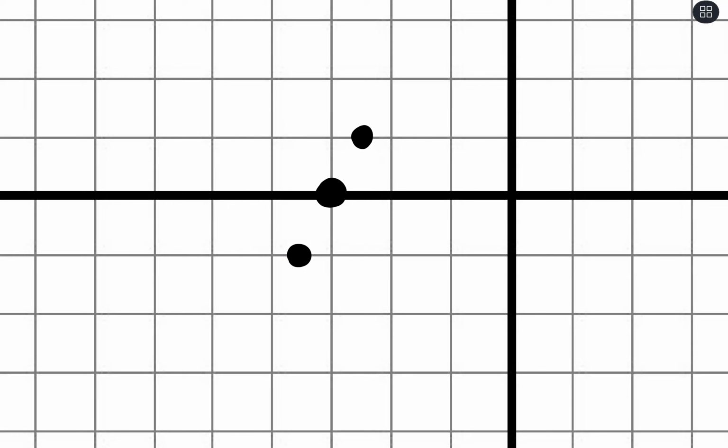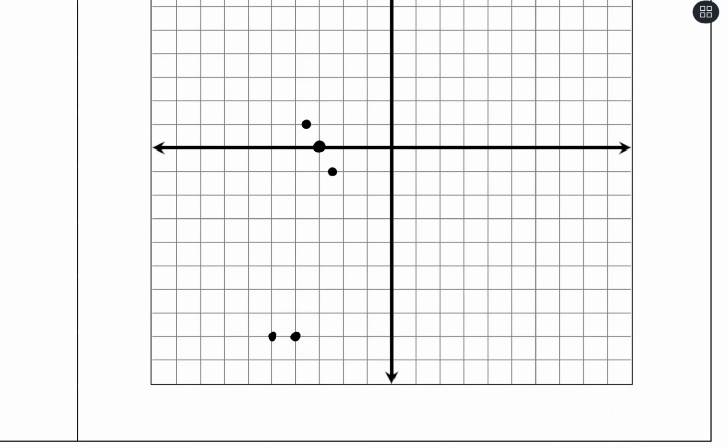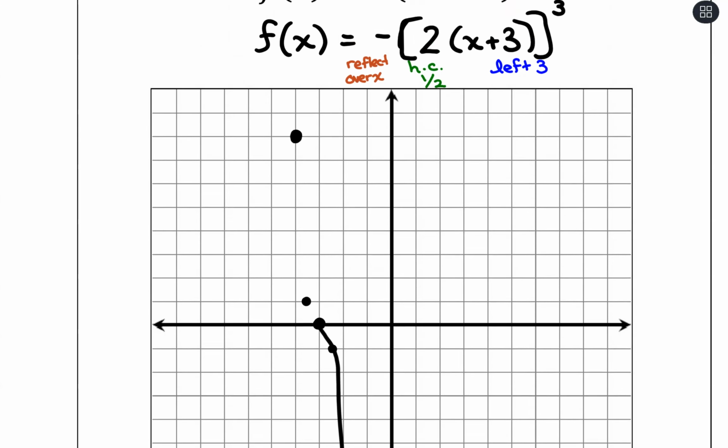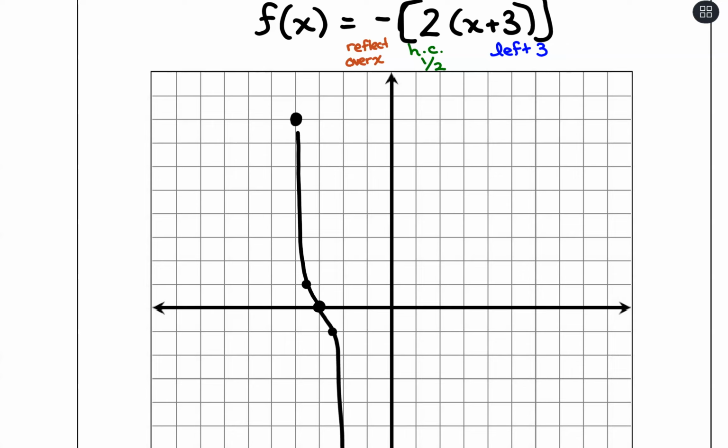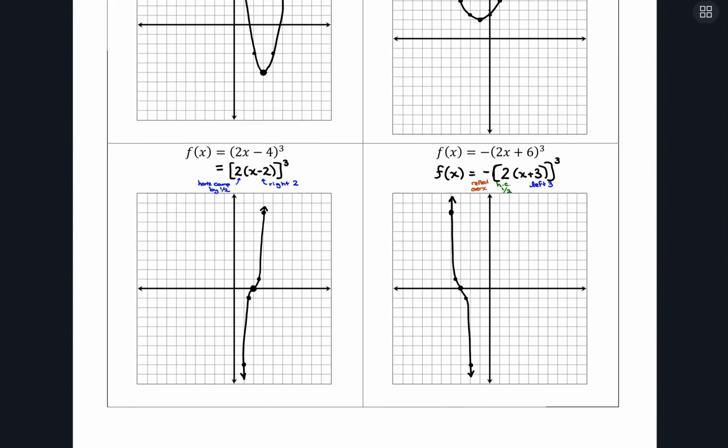So what has a negative y value becomes positive, and positive becomes negative. And then same thing over here, and over here. So our function is going to look like this as we go through. And just keep in mind those parent functions as we graph, and then follow our graph transformations to get our other points.